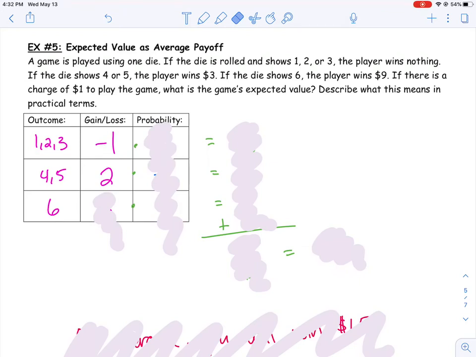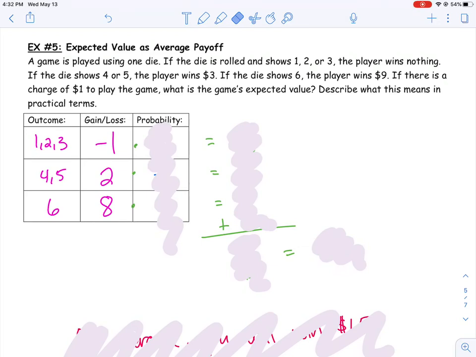Think about it. I give you $1 to play this game, I'm down $1. When I win 3, I'm really only up $2 because I had to pay $1 to play. Do the same thing when you roll a 6. It says you win $9, but how much are you really up or down? You should really only be a +8 because you had to pay that $1 to play. So that's really key here, being careful to think about what's happening with your gains and losses.